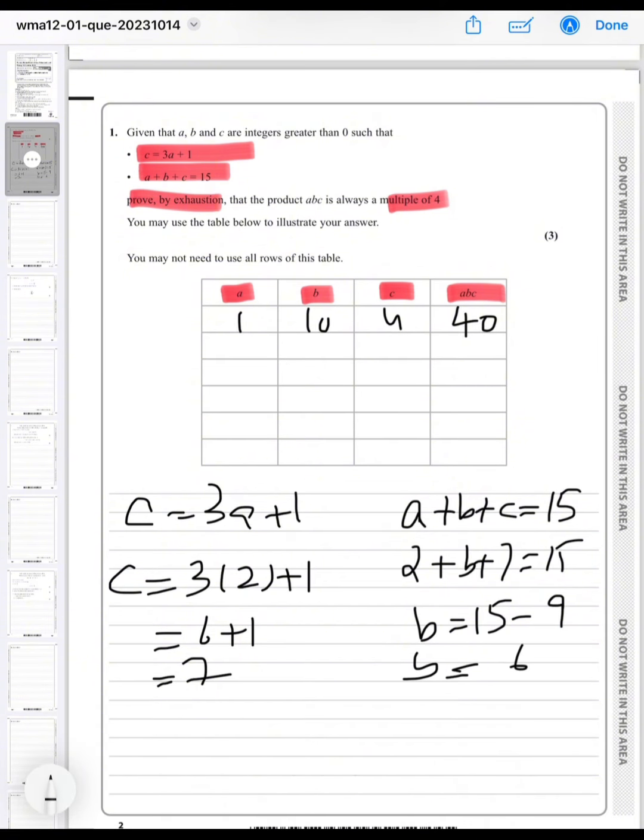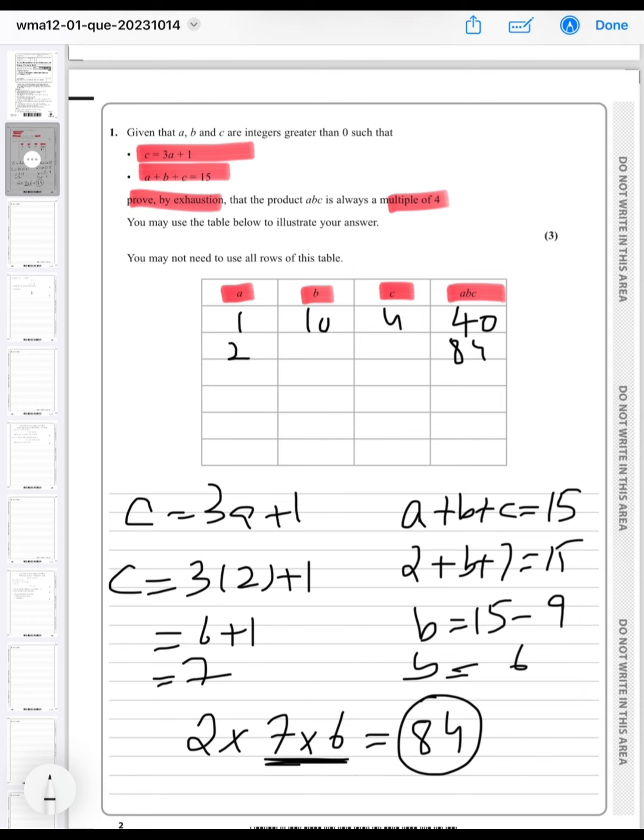So if I put 2, I get 7, and for b I got 6. So 6 7s are 42, and 42 2s are 84. So here you go, this is also a multiple of 4. So this is our second case: a is 2, b is 6, and c is 7.